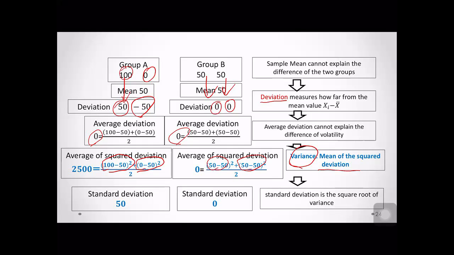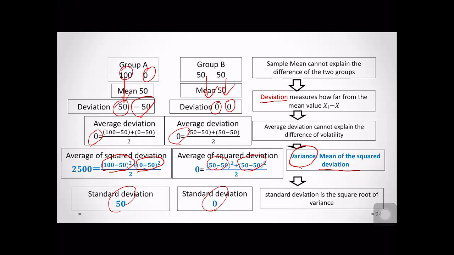In order to take account of this effect, we take the square root of the variance, and then we get that the standard deviation for group A is 50, and the standard deviation for the second group is 0. And the standard deviation has the same metric as the initial numbers. So this is the basic big picture of variance and standard deviation.